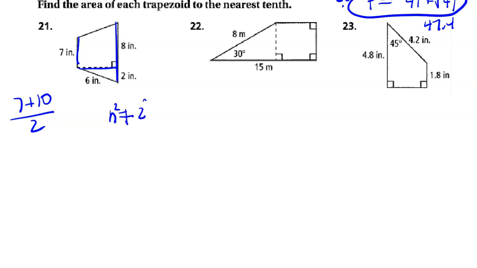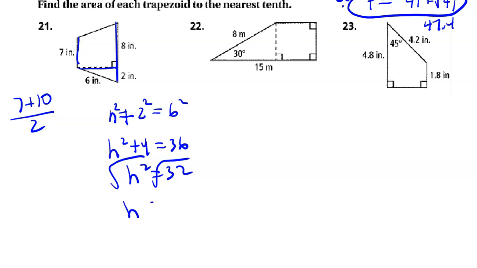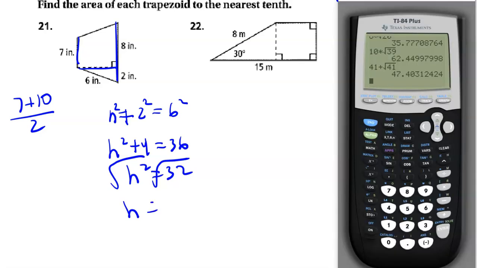Height squared plus 2 squared equals 6 squared. So that's 8 squared plus 4 is 36. 8 squared is 32. So square root both sides. H equals, it's probably up on my calculator screen, 5.65 we'll call it.